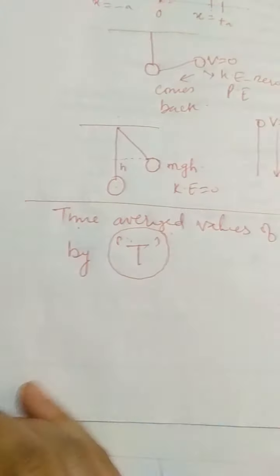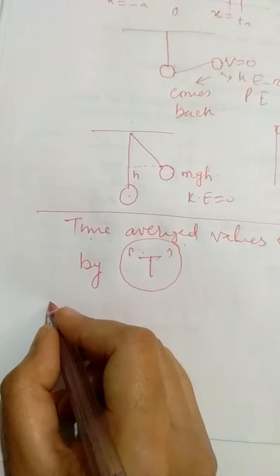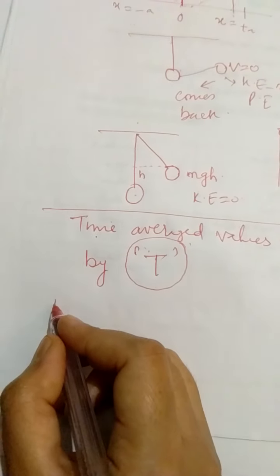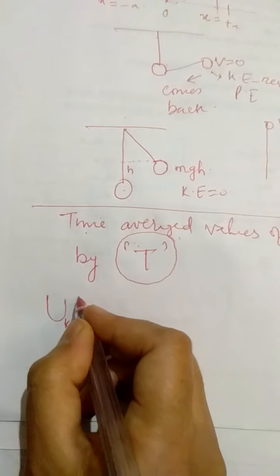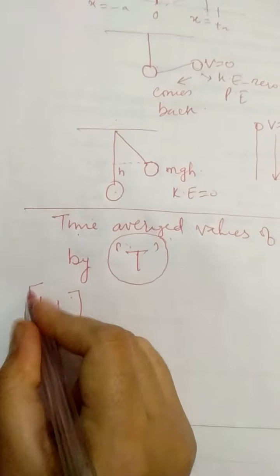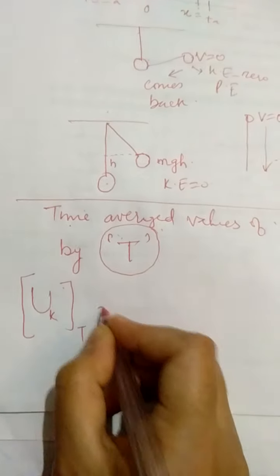Now let's find that. So the time averaged value of, for example, let us choose the kinetic energy first. So kinetic energy, time averaged value. I'll write it as <KE> = (1/T) ∫ from 0 to T of (1/2) m a² ω² cos²(ωt) dt.